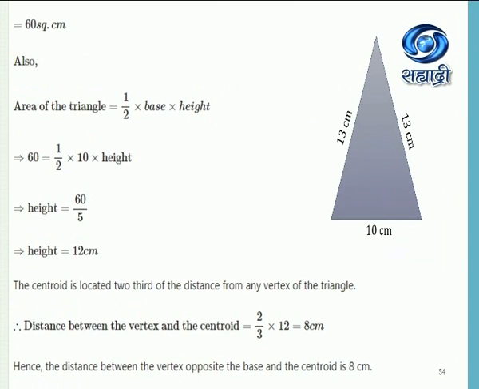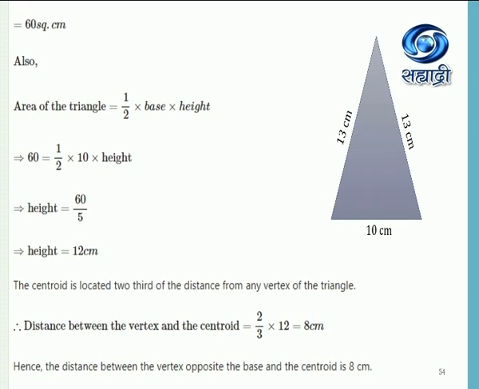Now next, area of triangle is 1/2 base into height. We don't know the height, we know the area, and we found the area because we wanted to find the height. So finally the height comes as 60 divided by 5, which is 12 centimeters. When you draw the height, we know that the centroid is located at 2/3 of the distance from the vertex of the triangle.